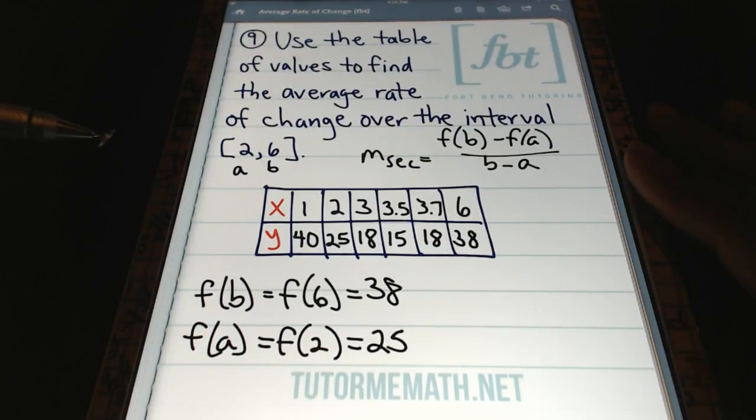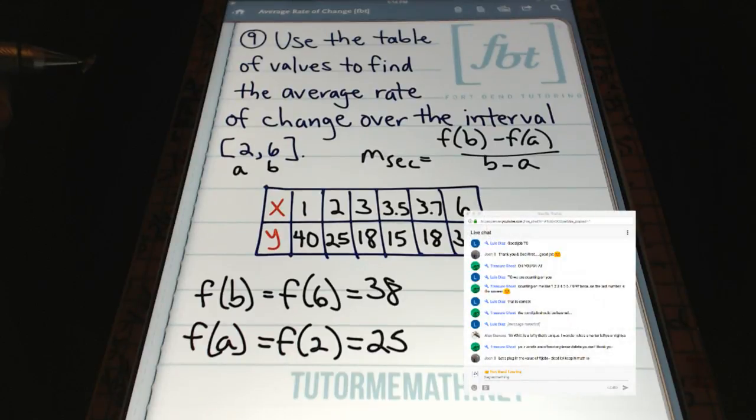Okay, so this is what I have for my f of b and f of a. Josh says let's plug in the value of f of job. Good job, Josh. Good job. Josh, that was good. I think even Treasure Ghost has to admit that that was a good one. All right.